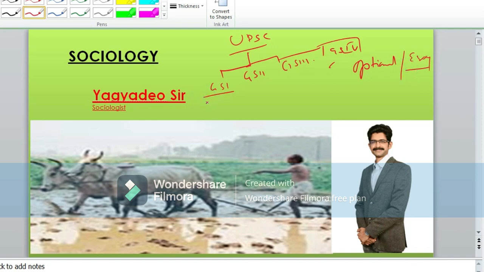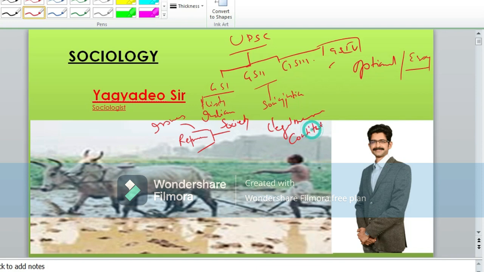So GS1 comprises history, broadly Indian society, issues with Indian society, reformers, issues. GS2 comprises social justice, legal measures taken, constitutional measures taken to reform the position of SCs, STs, and vulnerable sections of society.